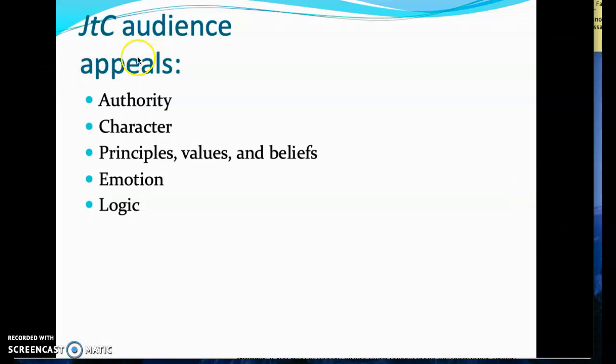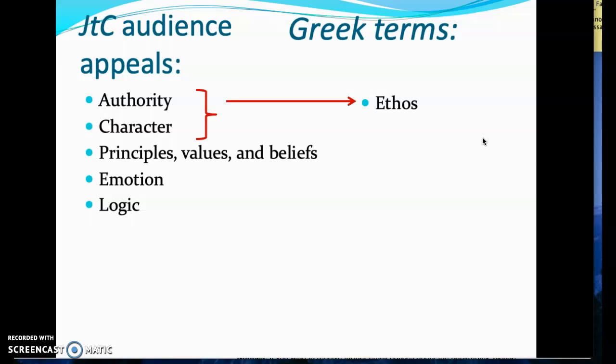Well, we have audience appeals. So you can appeal to your audience's authority, character, principles, values, and beliefs, their emotions, and their logic. So appeals to authority and character are called ethos.